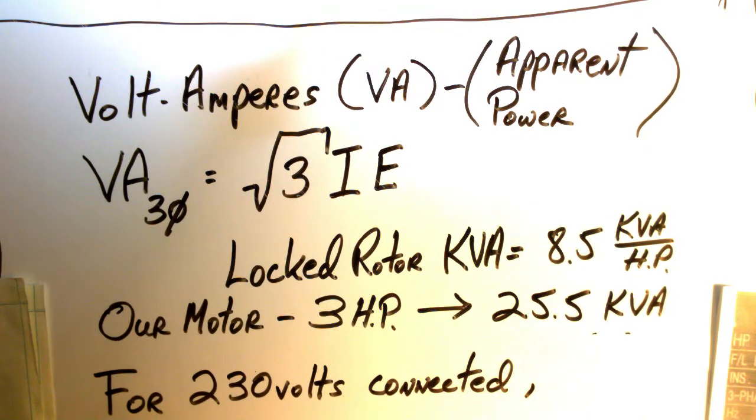So that will be the square root of 3 times the current, which we're trying to find, times the voltage, which we have said is 230 volts.